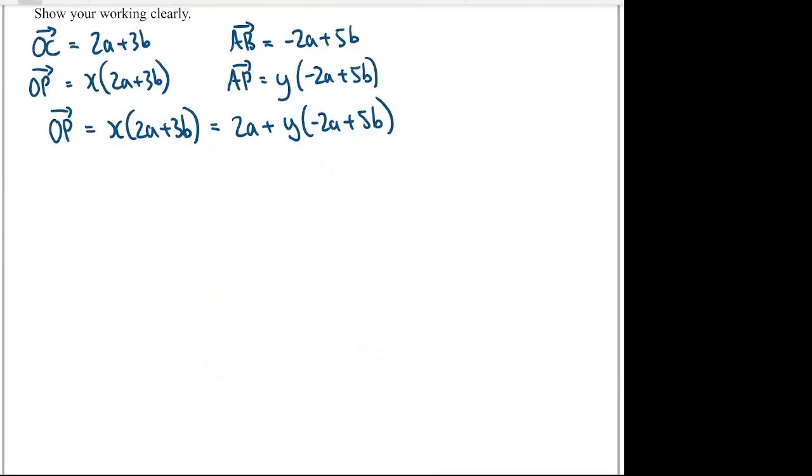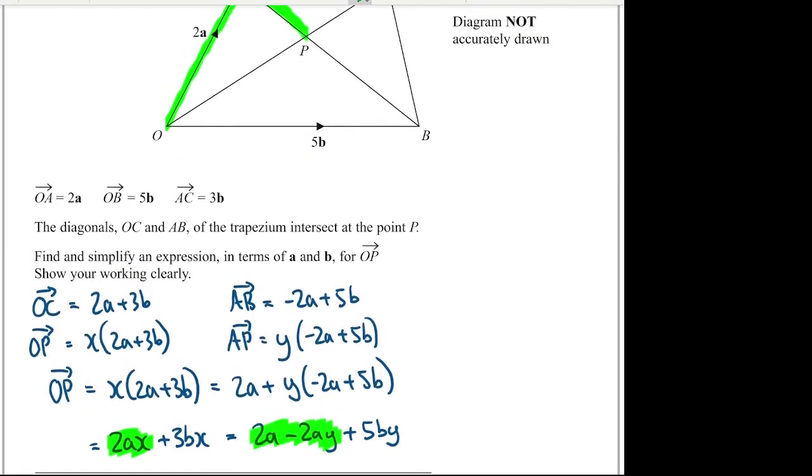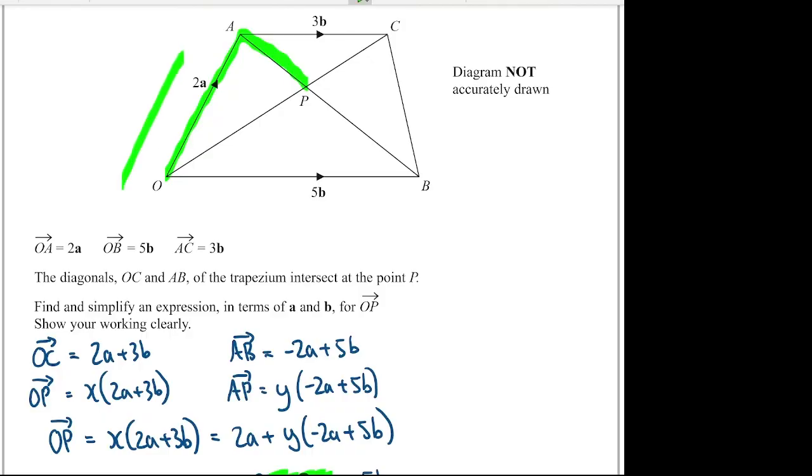Okay. And now I'm going to expand these brackets out, and then do a tactic called equating coefficients. So first off, I expand the left side, and I will expand the right side, like so. And I know that both sides must have the same number of a's, because a is essentially how far you have to move in the direction like this.